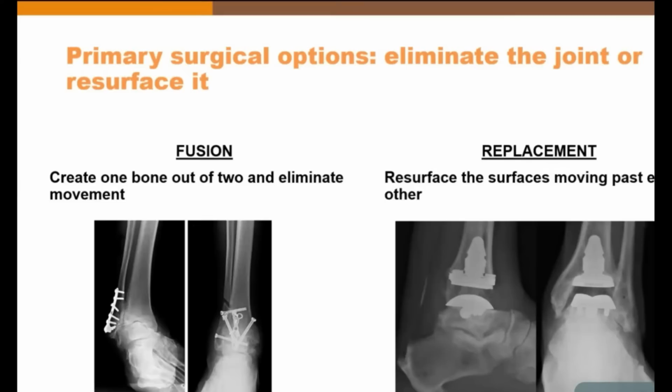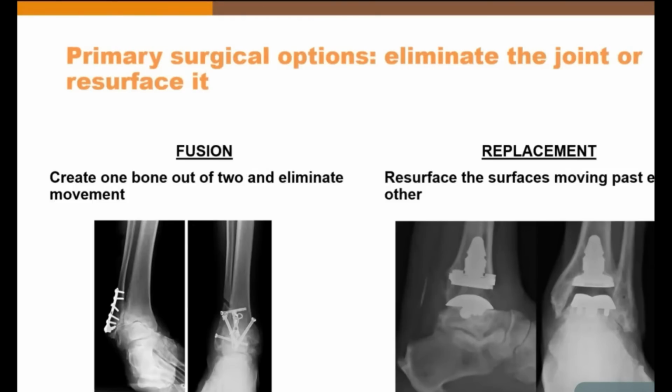And if we think about them philosophically, the idea of an ankle fusion is to eliminate the joint, and the idea of an ankle replacement is to resurface the joint. So in the case of fusion, essentially you're removing any remaining cartilage from between the tibia and the talus, and creating a physiologic fracture that the body will then heal, turning the two bones, the tibia and the talus, into one bone and eliminating movement through that joint and pain because of that movement.